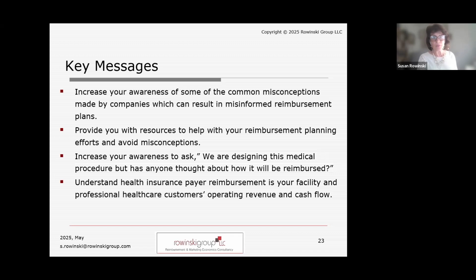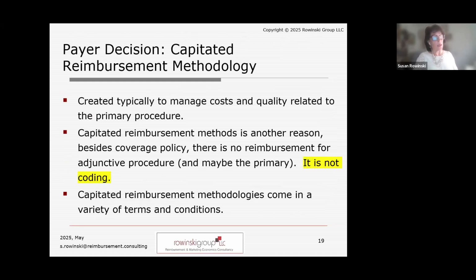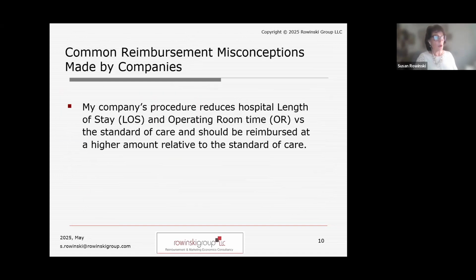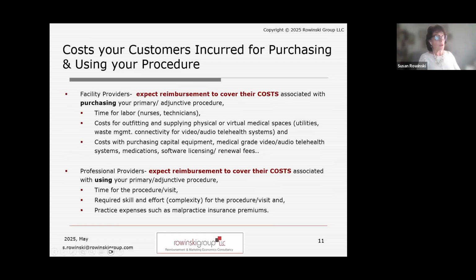That is, if a DME is reducing time, or if a DME is expensive, let's talk about costs. DME providers are considered facility providers. Let's say they have a wheelchair that is exceedingly expensive. It could be 3 to 4 times more expensive than a standard wheelchair.